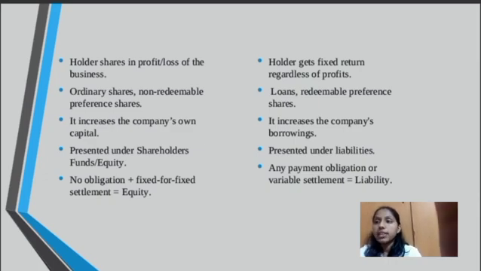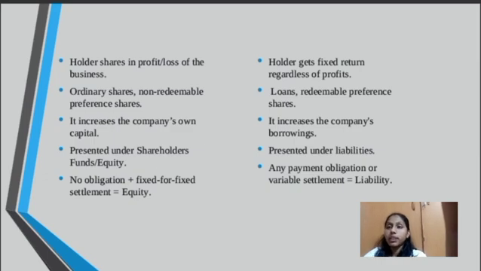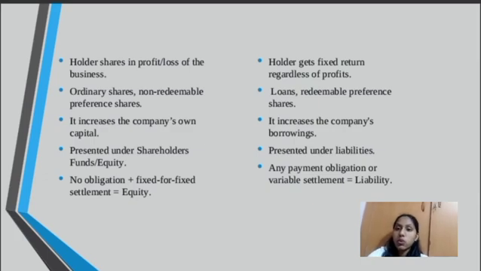A common example is money borrowed by a company from banks or financial institutions. In such a case the borrower must repay the principal amount within a specified time. Redeemable preference shares are preference shares that are bought back, or redeemed, by the company after a fixed period at the option of the company.